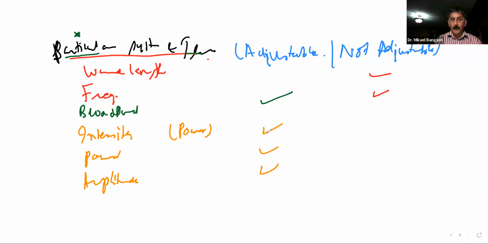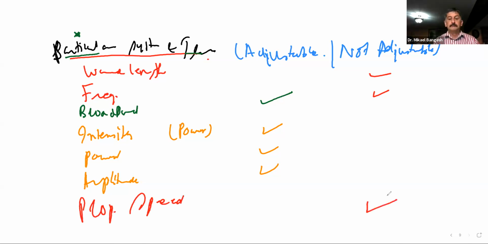Last but not the least is the wavelength. No, sorry, propagation speed. That is not something that we can adjust. We don't have a knob where we can increase or decrease the speed of the sound wave.